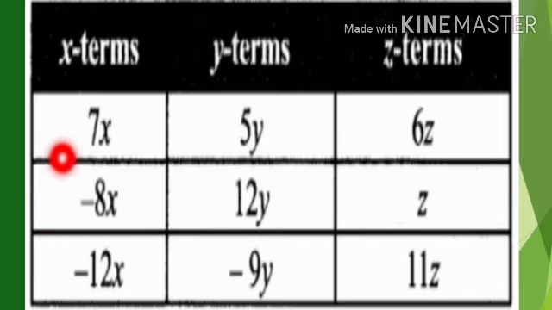We say that 7x, minus 8x, minus 12x are like terms. And 5y, 12y, minus 9y have the same variable factor y. We say that 5y, 12y, minus 9y are like terms. And 6z, z, 11z have the same variable factor z. We say that 6z, z, 11z are like terms.